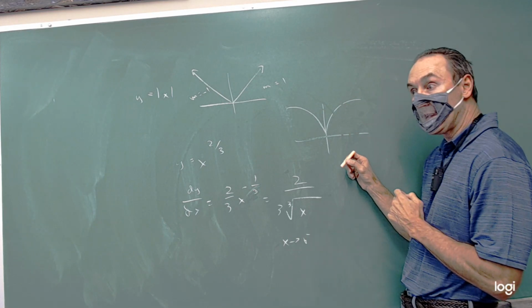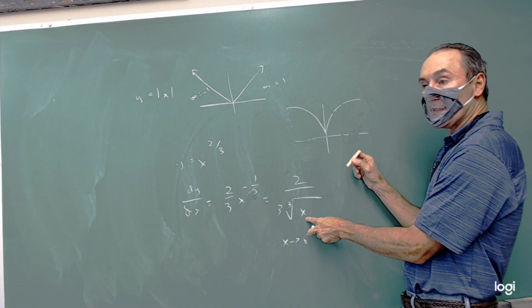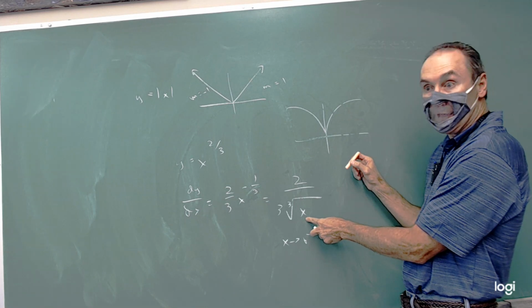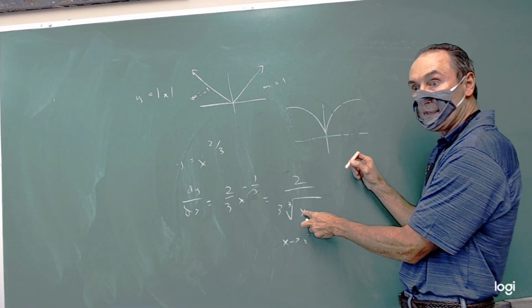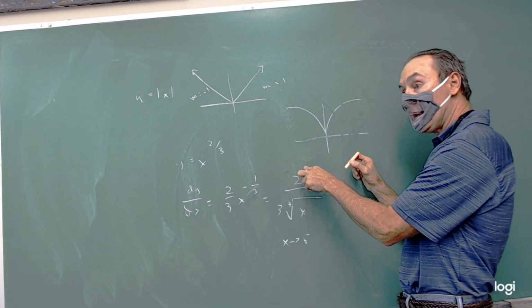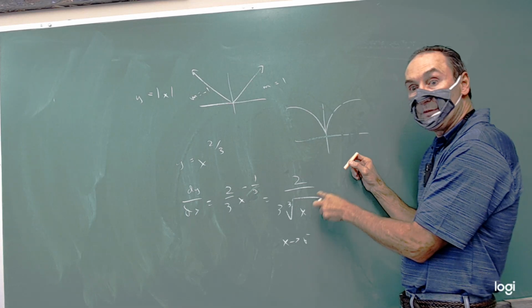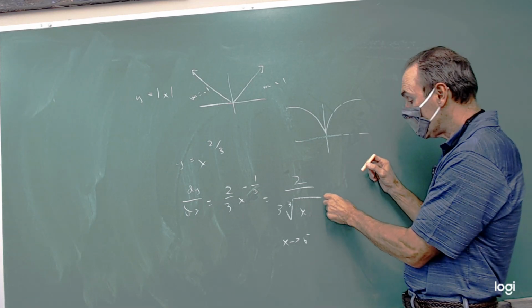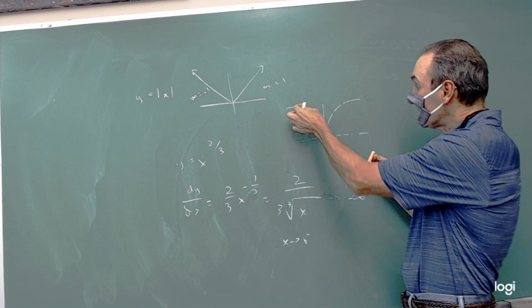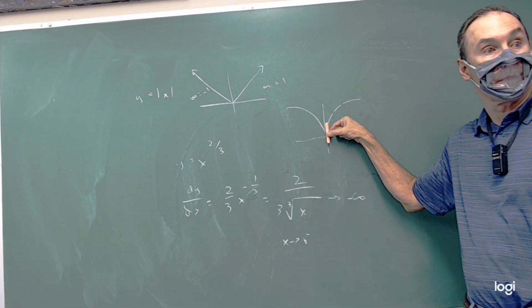As you come in from the left, if you put in a really small negative, think negative 0.001, then a cube root of a negative is going to be negative. It'll be very small. A positive number divided by a very, very small negative becomes a very large negative. So the slope is going to negative infinity on the left.